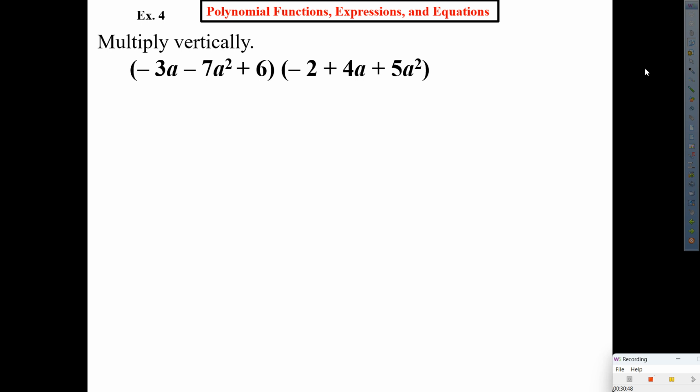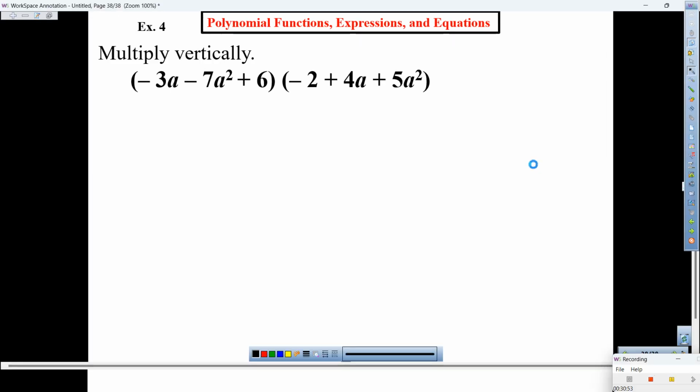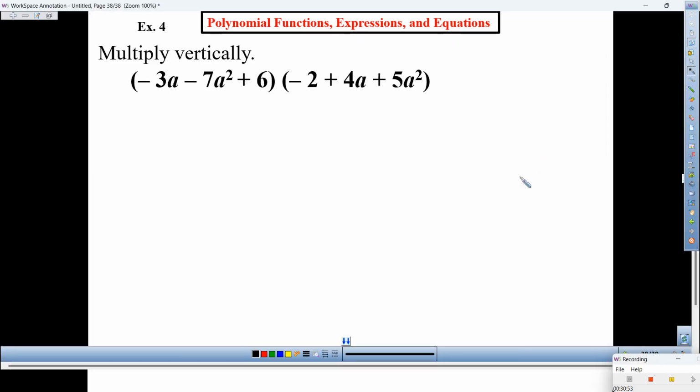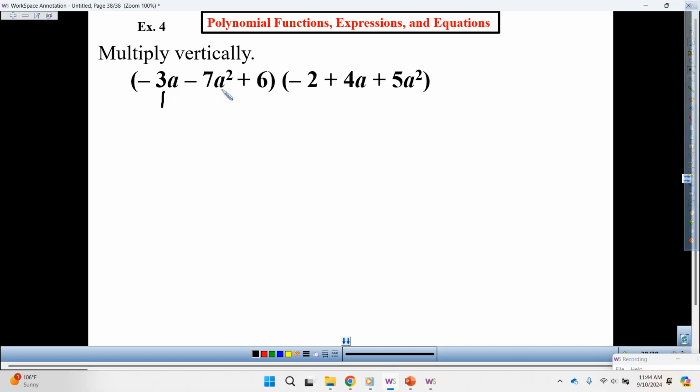All right, Rachel, what is the first thing we do? Standard form. Okay, so tell me, what degree is this one? 1, 2, and 0. Is that in standard form, everyone? No, we need to rewrite it, so tell me what to write.